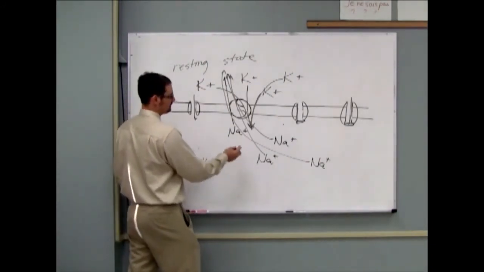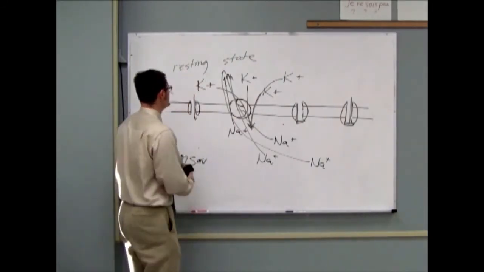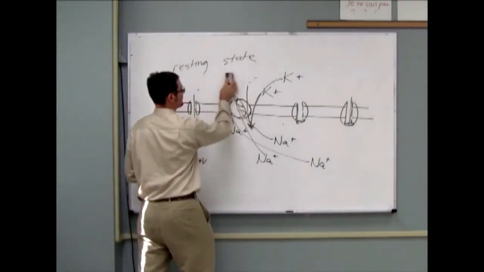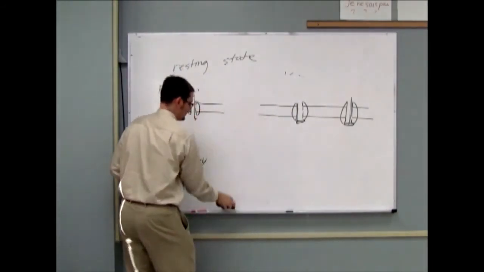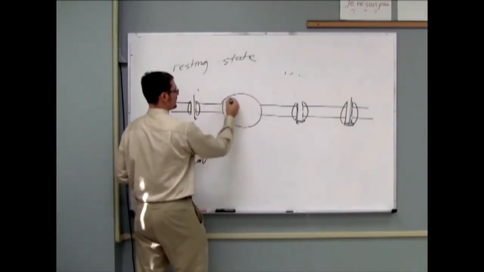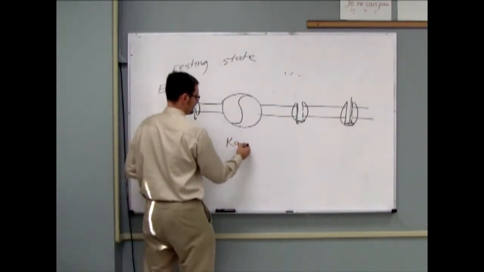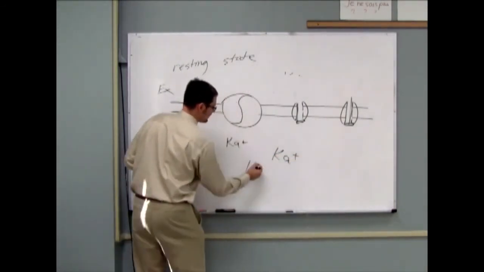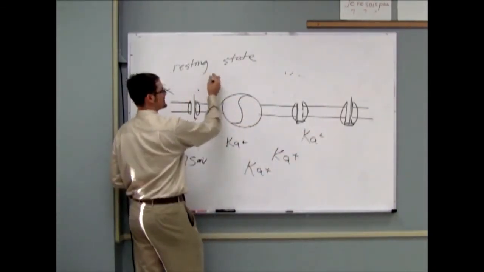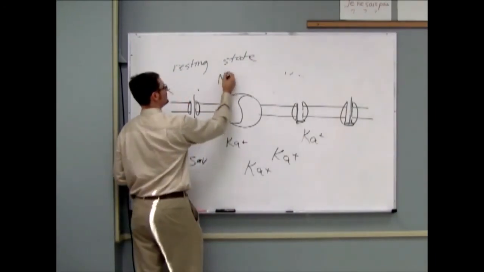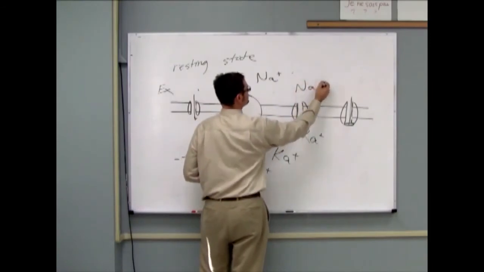Then finally, the sodium-potassium pump restores the neuron to its initial state, where the intracellular space is saturated with potassium and the extracellular space outside of the neuron is saturated with sodium.